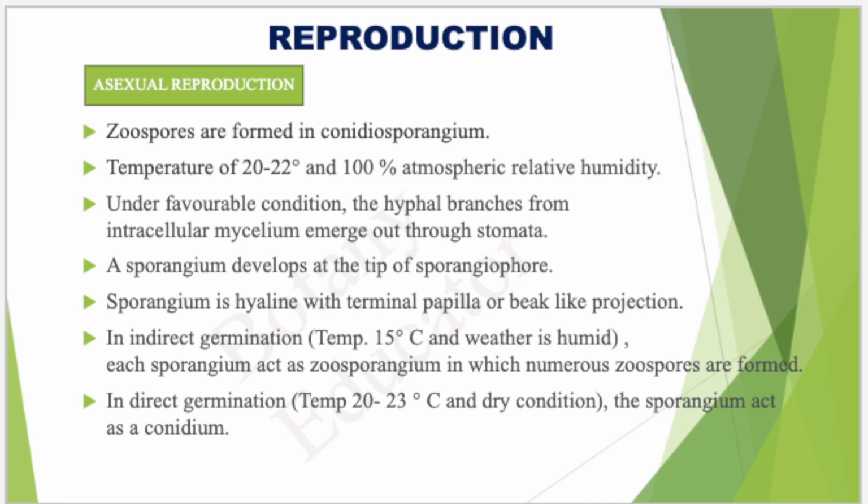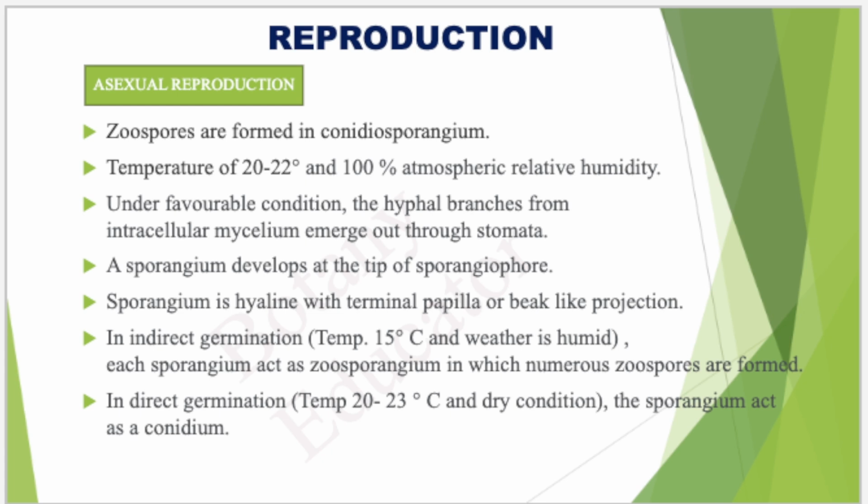And how is it formed? It forms at a particular temperature. The temperature will be around 20 to 22 degrees Celsius, and the relative humidity will be around 100%. So it will be in areas where the temperatures are cooler.